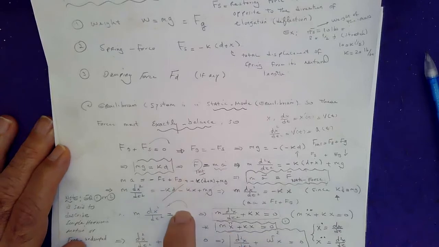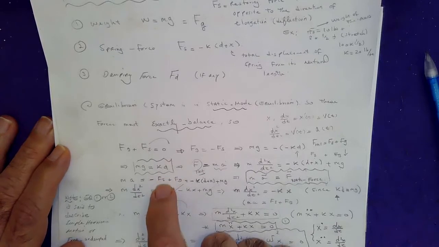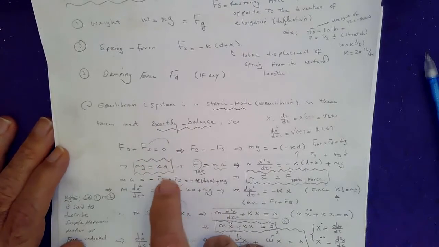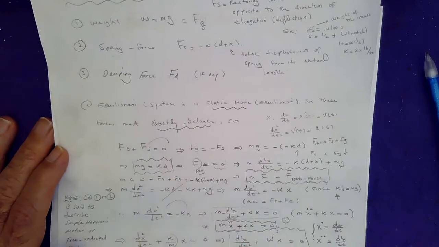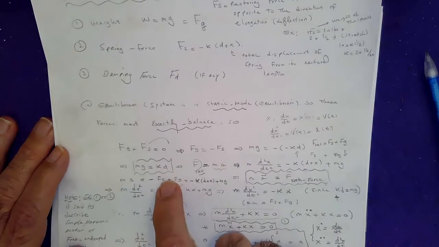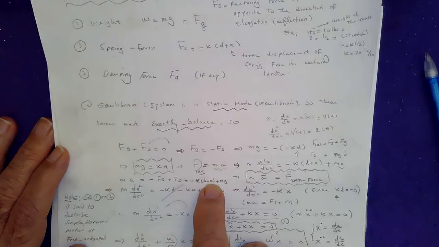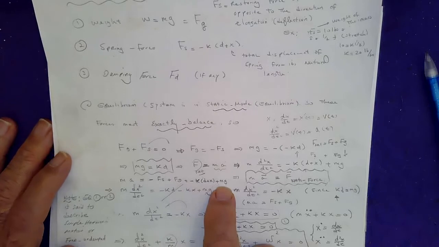Remember, g is the gravity going down, but the force due to the spring is pulling the mass up, so these always have opposite signs. But remember, Fs was the same as minus k times d plus x, correct? And then plus mg, right?